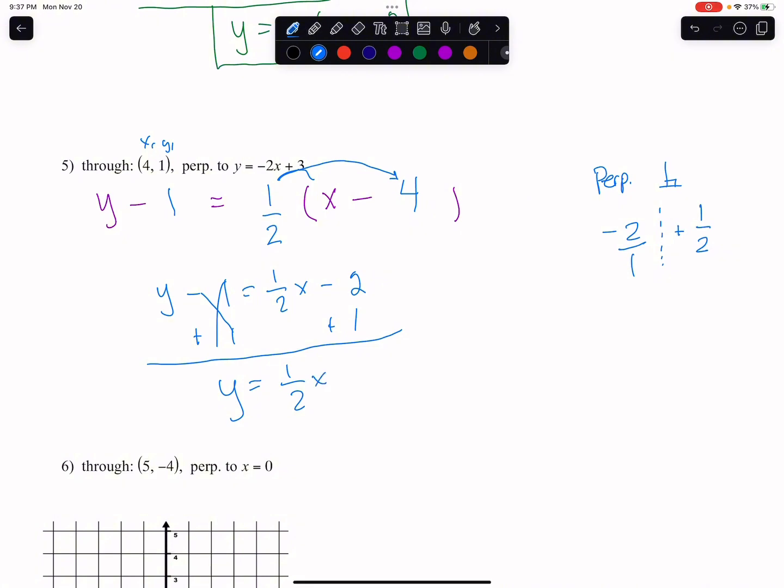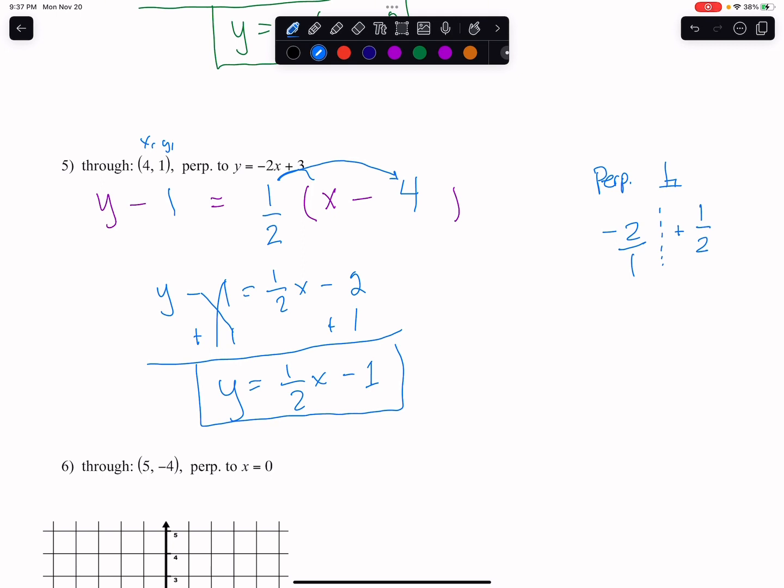And then negative 2 plus 1 is a negative 1. Okay, so that is the equation of the line that is perpendicular to the initial line, but it happens to go through 4, 1.